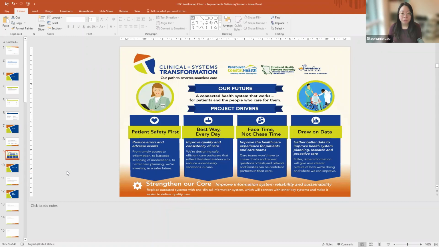We want to improve the healthcare experience for patients and care teams, so we don't have to repeat things or look for things as much as possible. And draw on data. We're hoping the system provides more quality data for research, planning, and proactive care.